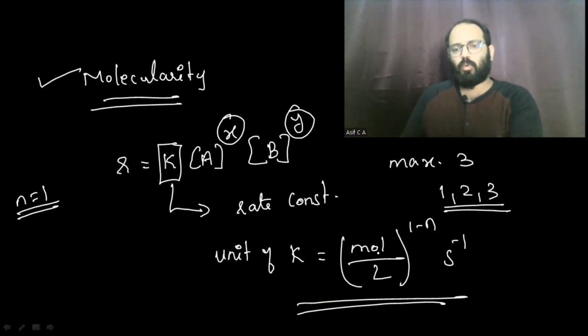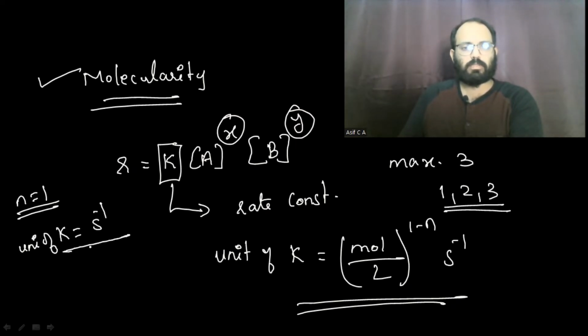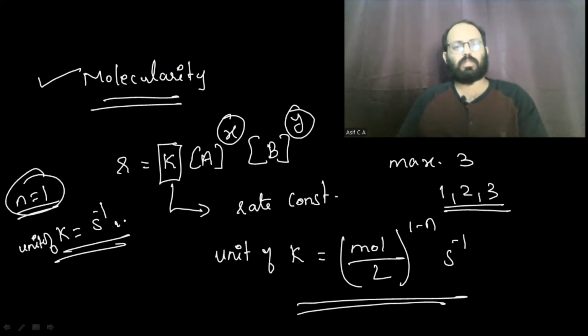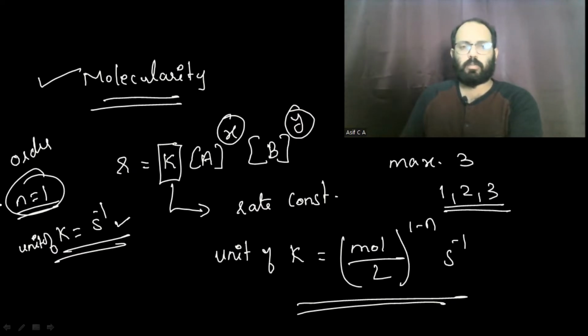Then mole per liter power 1 minus 1 is power 0. So what will the unit of K be? Unit of K will be second inverse when n is equal to 1. So if the unit of K is given as second inverse in the question paper, we can say the order is 1.